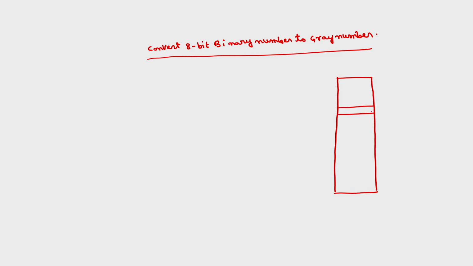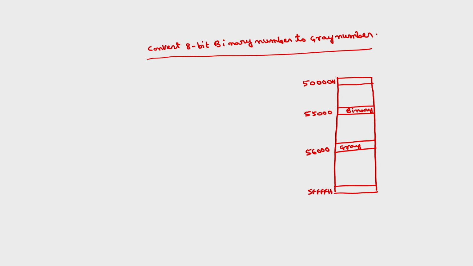Say in 55,000H, the 8 bit binary number is there, and in 56,000H, the corresponding gray number is stored. Starting is 50,000H, ending is 5FFFH.